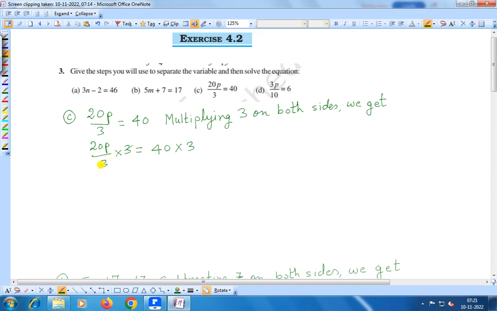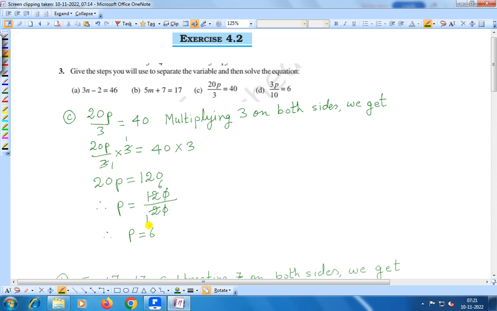This 3 will cancel. That is 20p is equal to 120. Therefore, p is equal to 120 by 20. This 0 will be cut, 2 1 2, 2 6 12. Therefore, p is equal to 6. This is question number C.